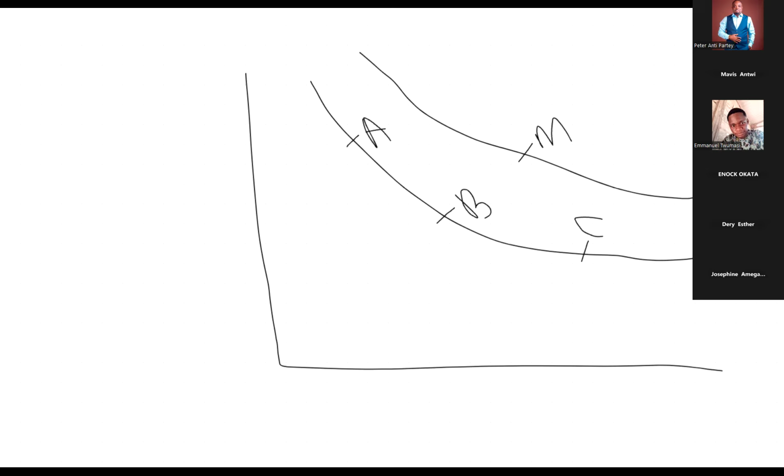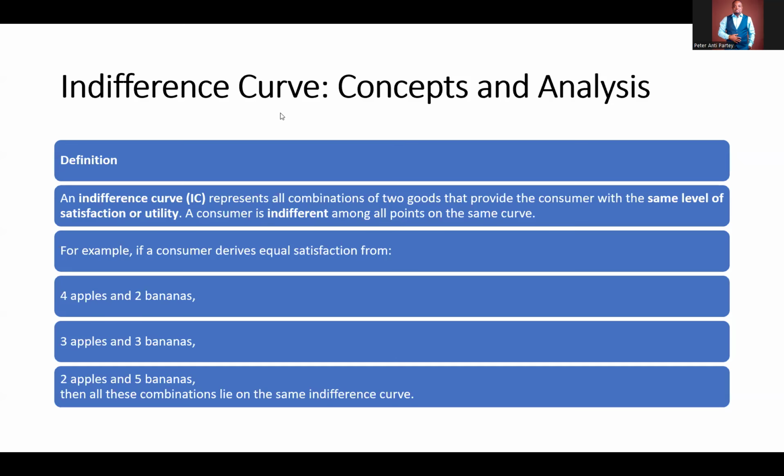So we have said that an indifference curve represents all combinations of two goods.